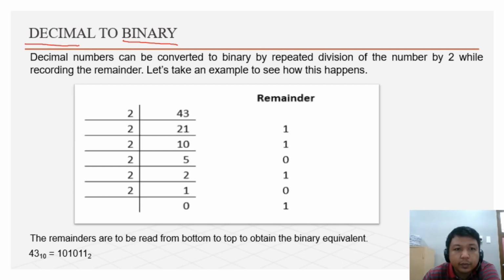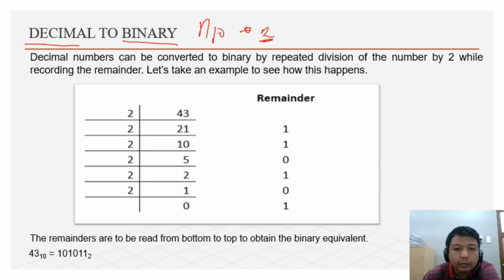So for example, here the decimal to binary, we want to convert base 10 into base 2. So for our case, we have the base 2.